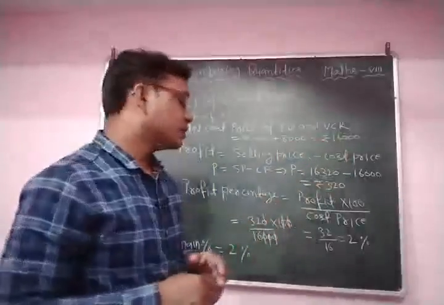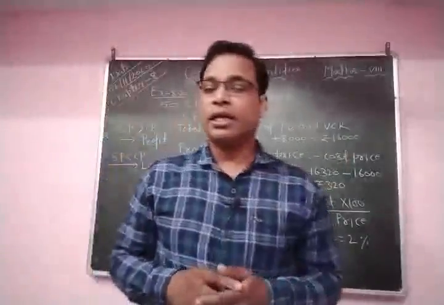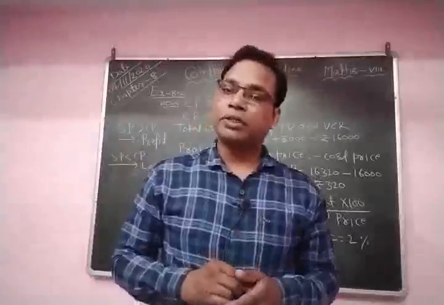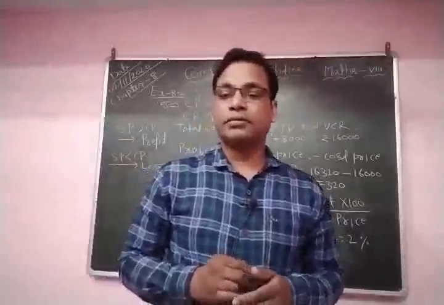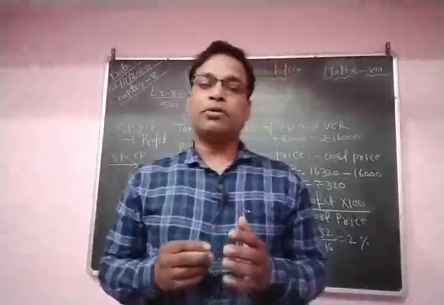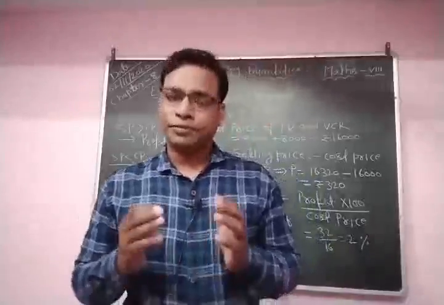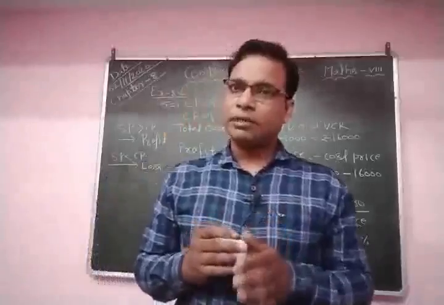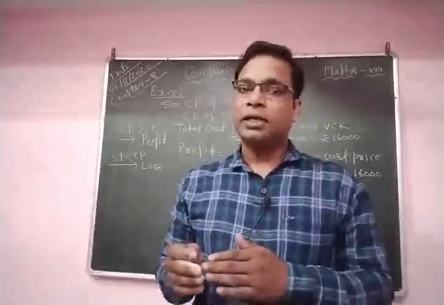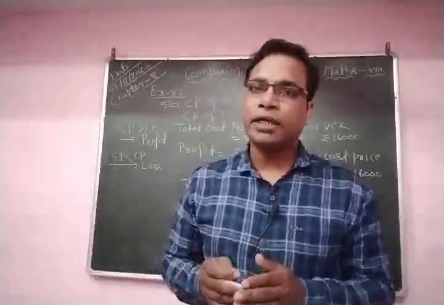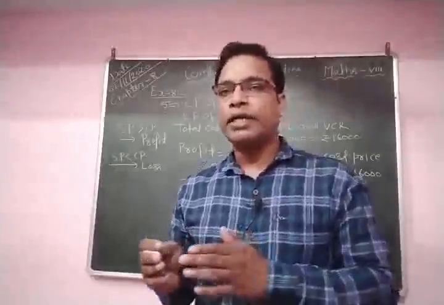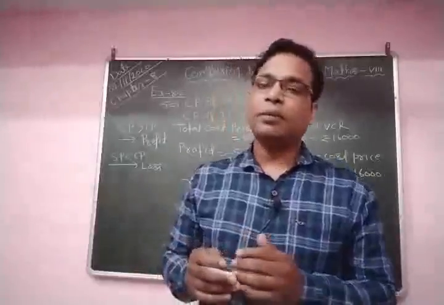Again, in this question it is given that the shopkeeper made a loss of 4% on the VCR. So he sold VCR at 4% loss. So we find the selling price of VCR at 4% loss. We know the formula: SP is equal to CP into 100 minus loss by 100.